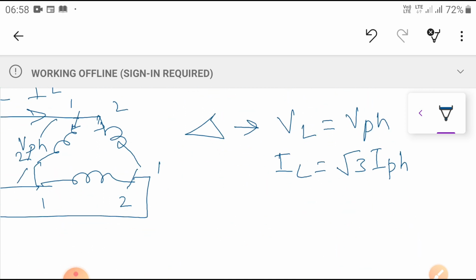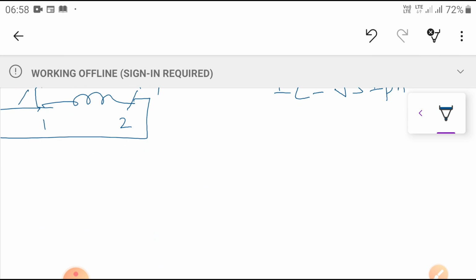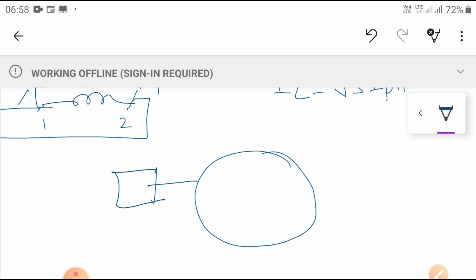That means the six terminals of the motor are taken out and given to our starter, and the starter initially connects these six terminals in star.